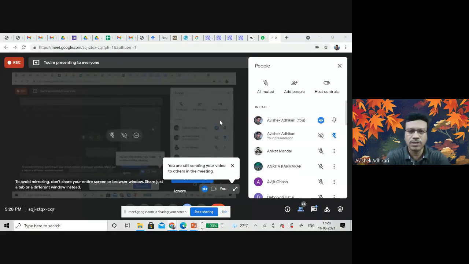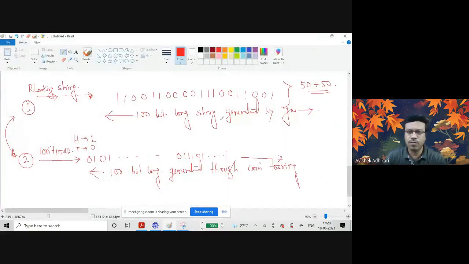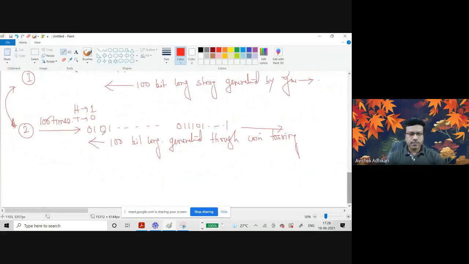The idea is like this: I'm trying to calculate the probability of getting n consecutive heads.